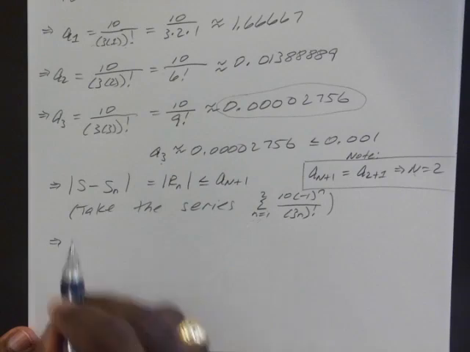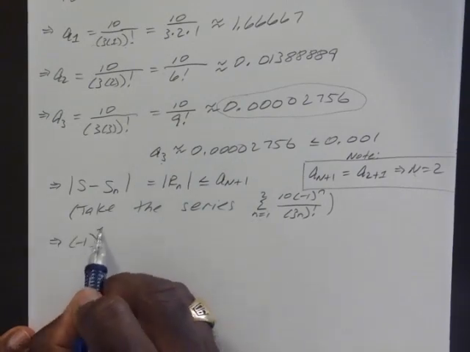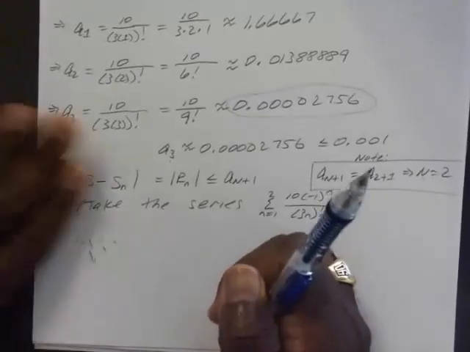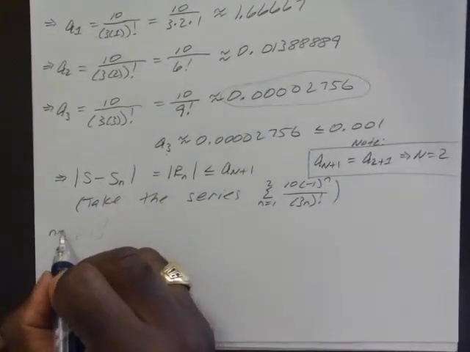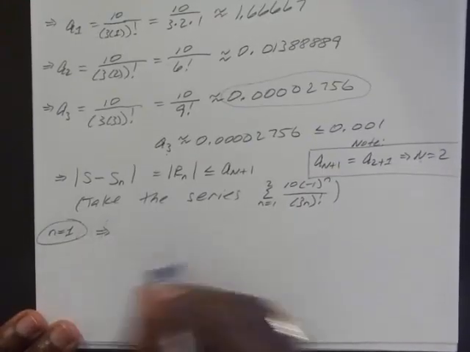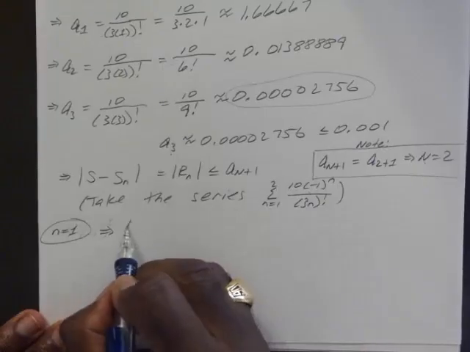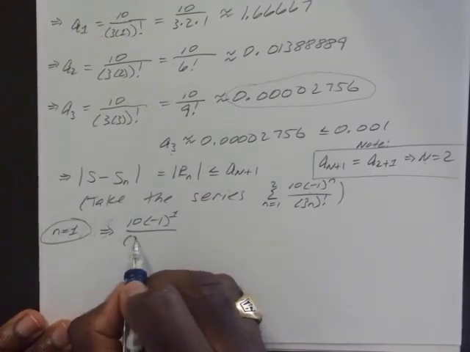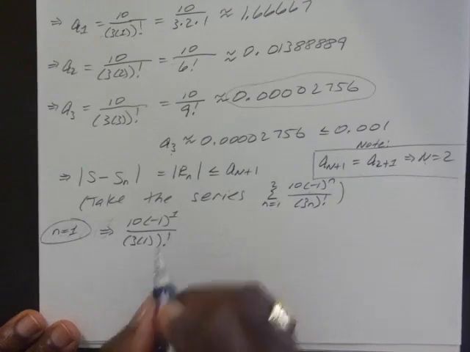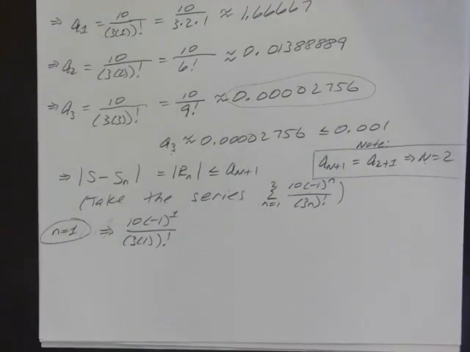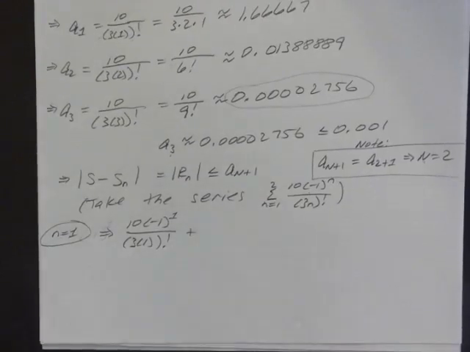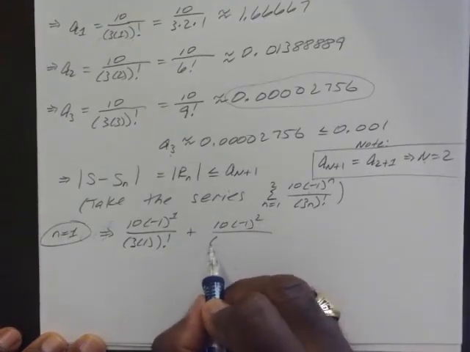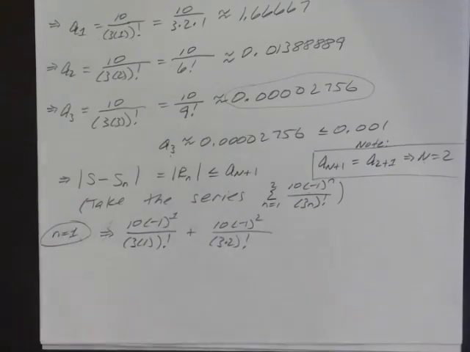Okay, so if we plug in n is equal to 1, so that's 10 times negative 1 to the first power divided by 3 times 1 factorial, plus 10 times negative 1 squared divided by 3 times 2 factorial.